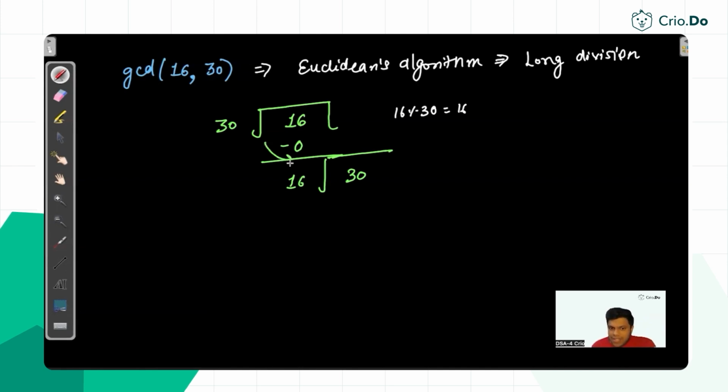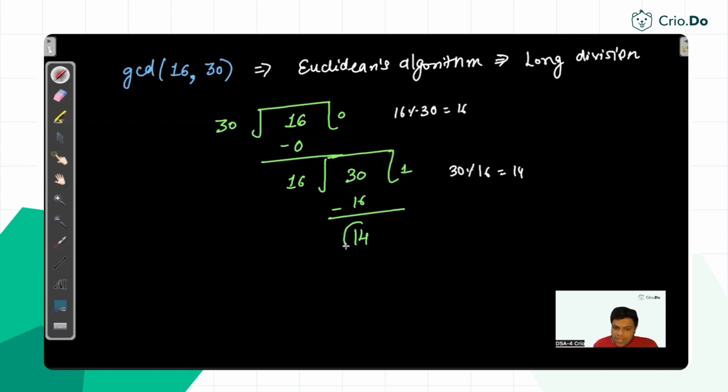But at the very next step, you make the remainder the new denominator and the previous denominator the numerator. And this time, if you divide, you say 16 times 1 is 16. Subtract it, you get the remainder 14, because 30 modulus 16 is nothing but 14.